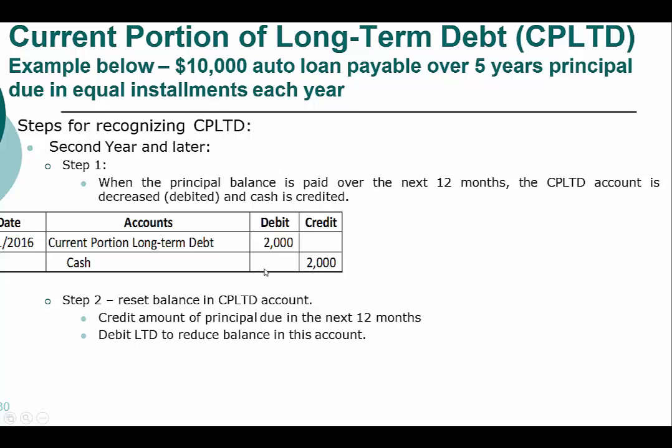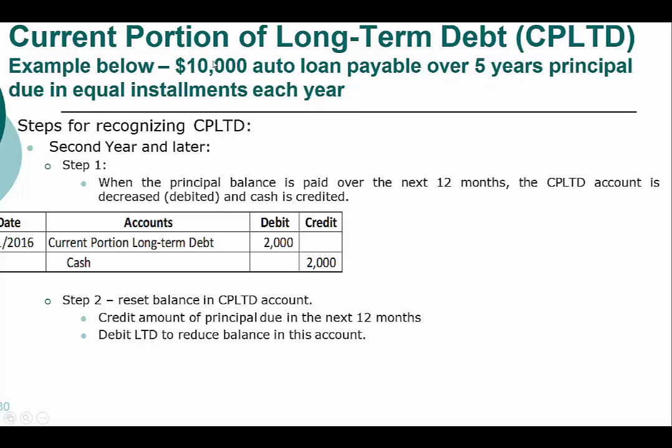So we credit cash, which decreases our cash account, and we debit the current portion long-term debt, which reduces it. That means we don't have anything in the current portion account at this point, so we need to reset its balance.